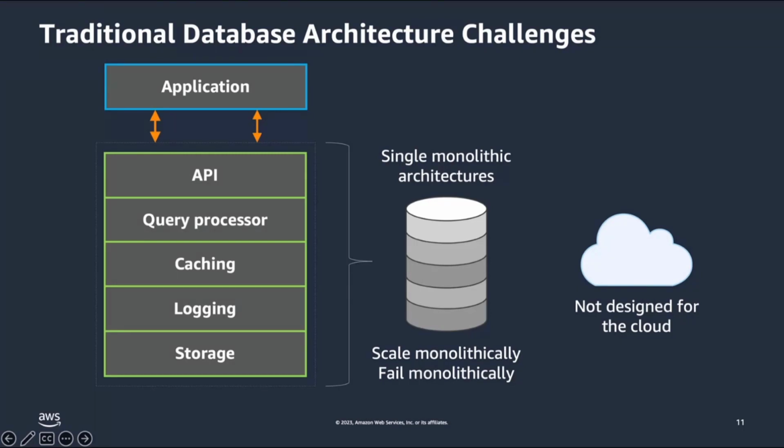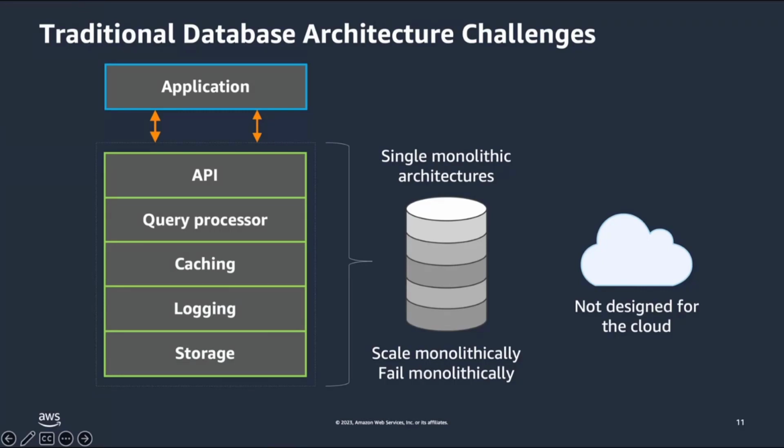Then typically there's a caching layer that caches information for faster response times, better performance. Logging layer that's going to keep a history of all of the actions executed on the data, all of the changes made. And then lastly, a storage layer. The storage layer is going to write data to and read data from attached storage. Now, but this isn't a cloud native architecture.